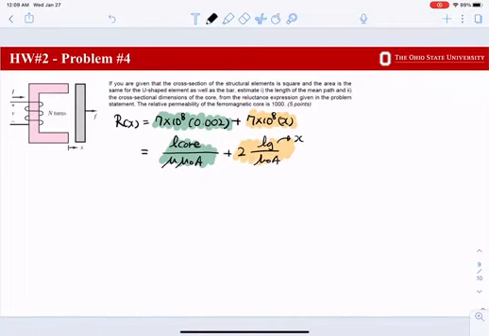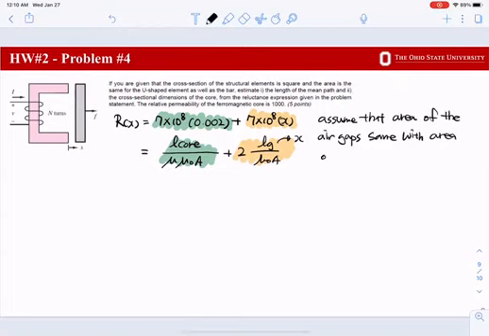So here we assume that the area of the air gap is the same as the area of the core, so we just ignore the fringing.